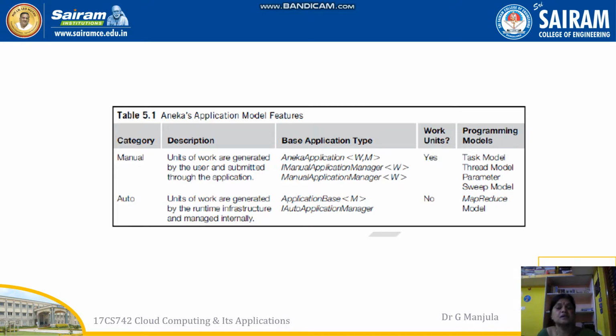As I told you, there are some programming languages. You must have knowledge of how to fetch, extract, and convert the Aneka cloud manually or automatically. The programming models may include the task model, thread model, parameter sweep model, and the MapReduce algorithm. These are some of the algorithms also used for the features of applications.